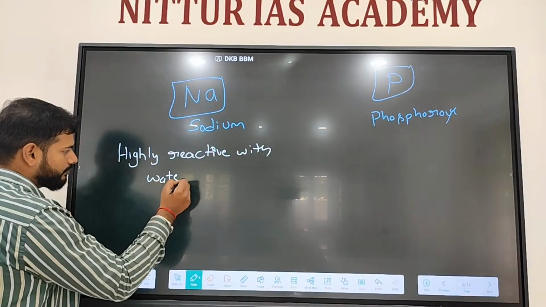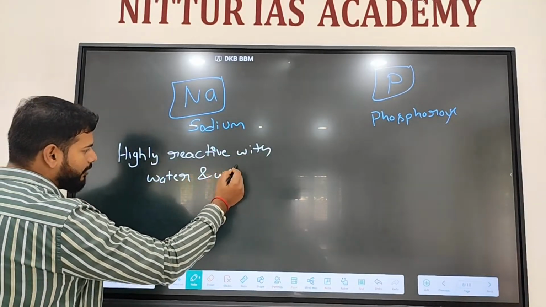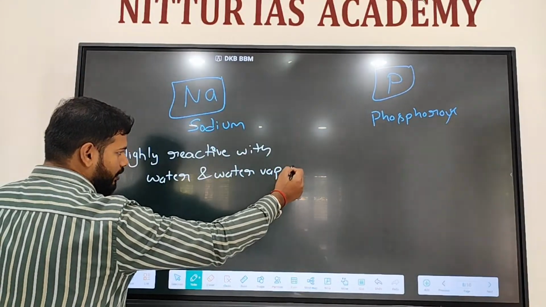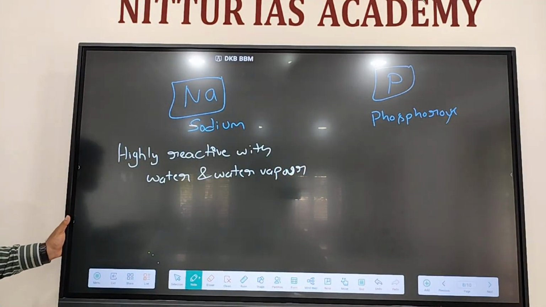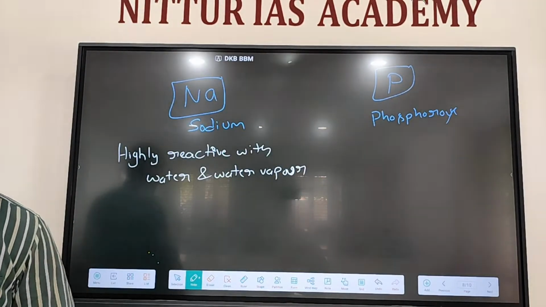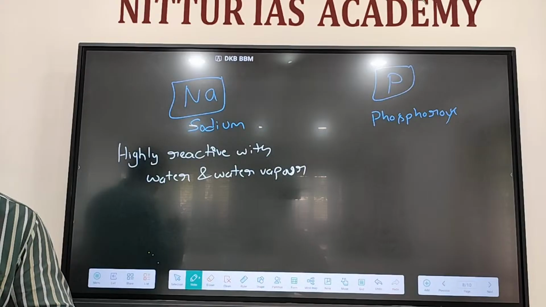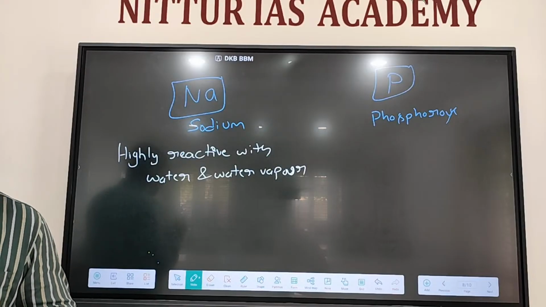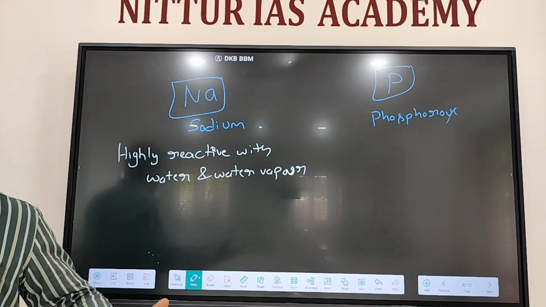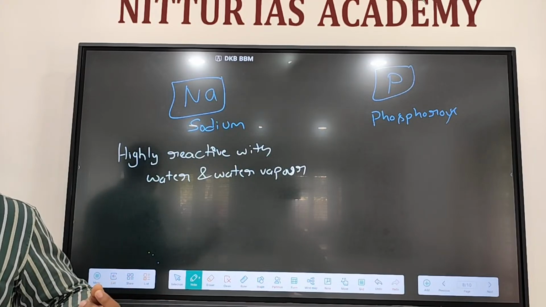water and water vapor also. Around us in the air, moisture content is there, right? The air around us contains moisture, less amount, but it is still there. That is called humidity.